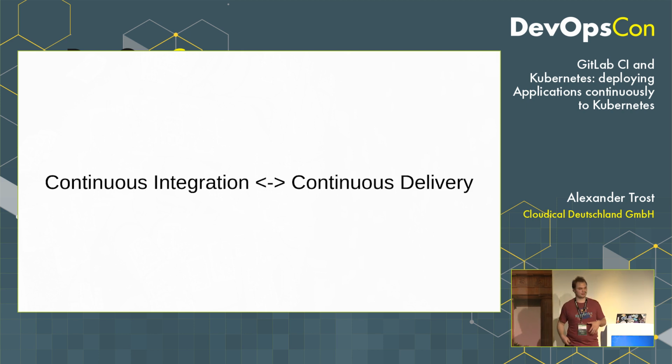And the delivery part for me is to deliver the application, for example, to a Kubernetes cluster, to then go from dev stage, QA stage, and live stage, for example.